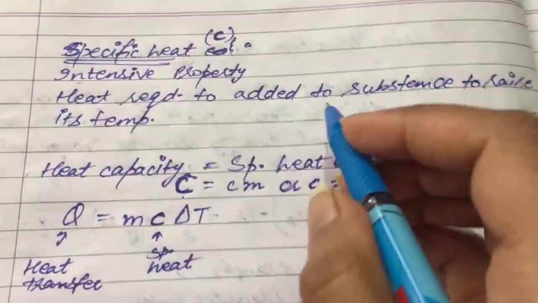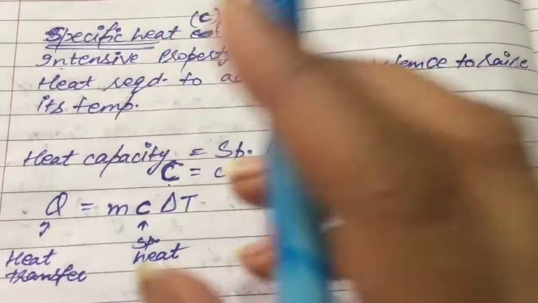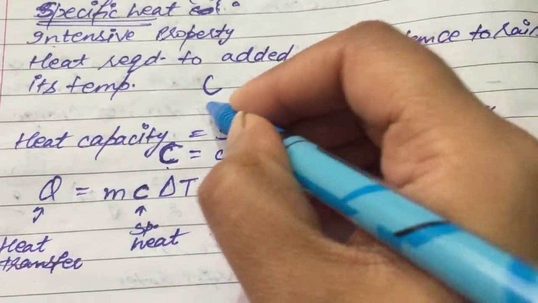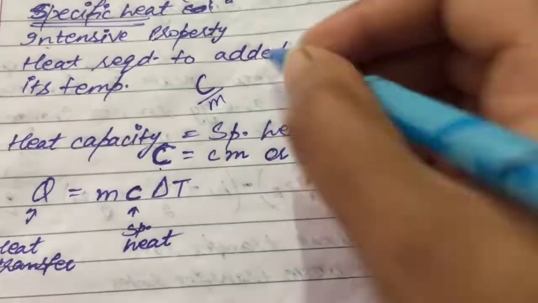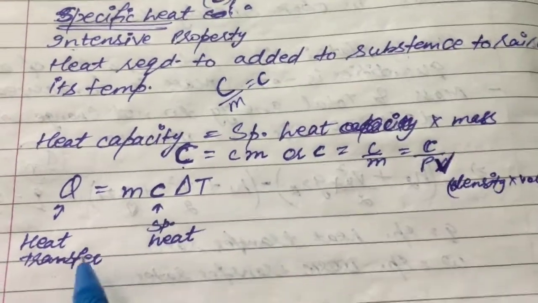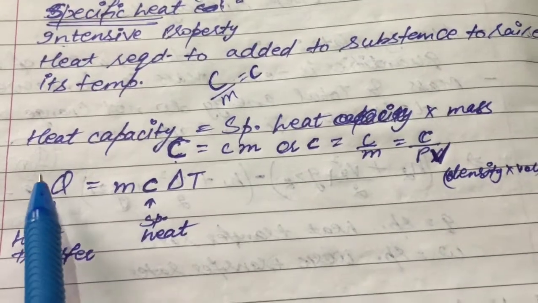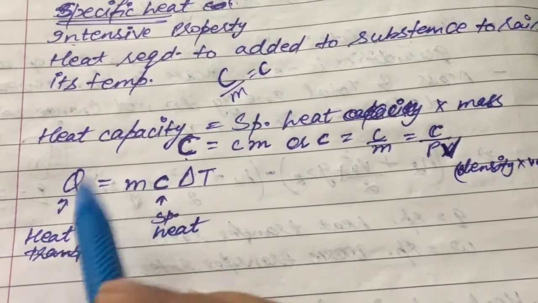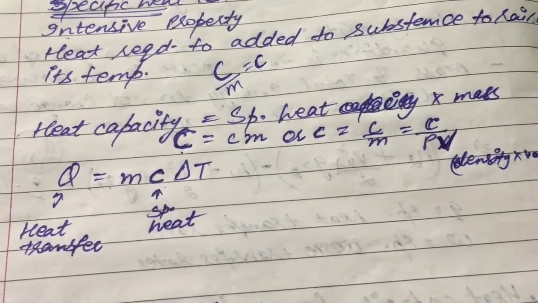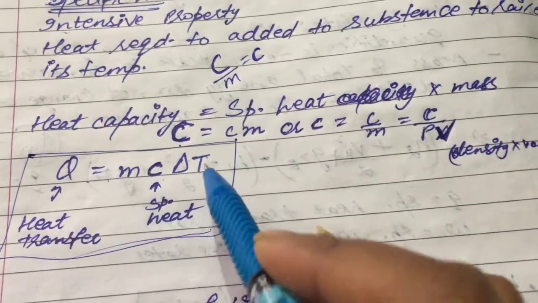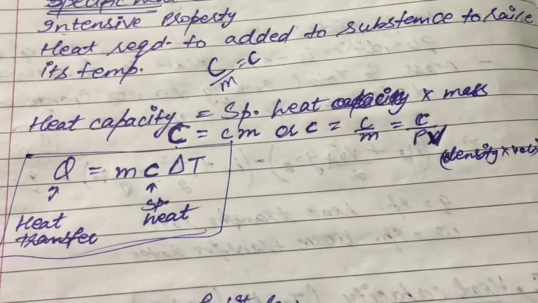So similarly to work and heat transfer, when heat capacity capital C is divided by mass, it gives us small c, the specific heat capacity. So we know that our heat transfer Q would be m c delta T, Q being heat transfer, m mass, c specific heat, into change in temperature.